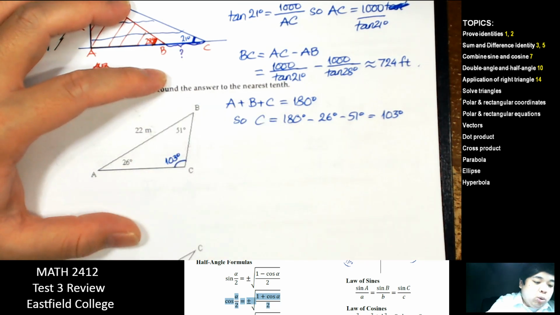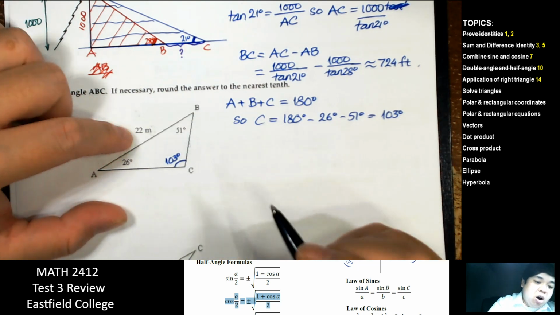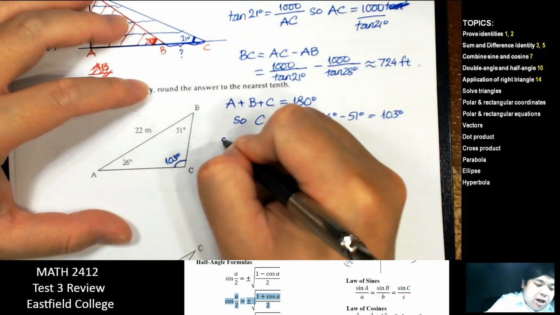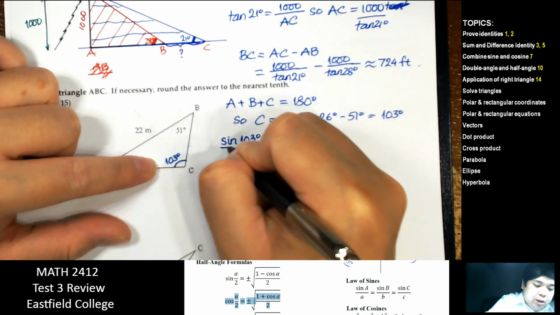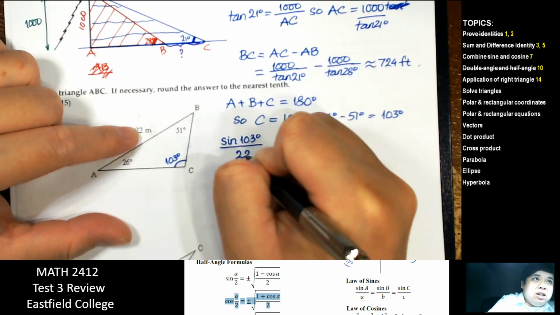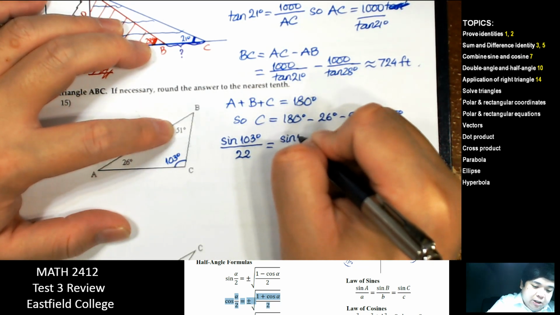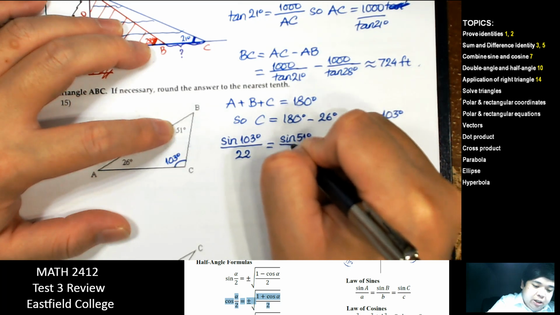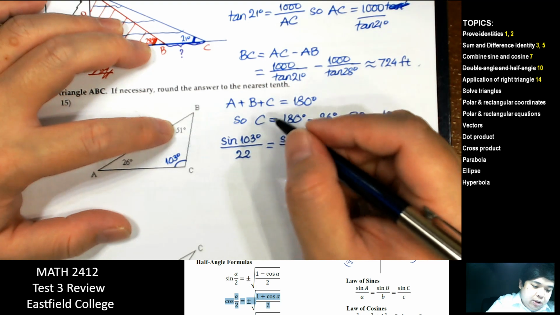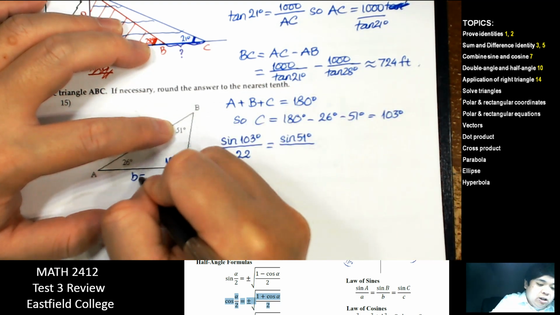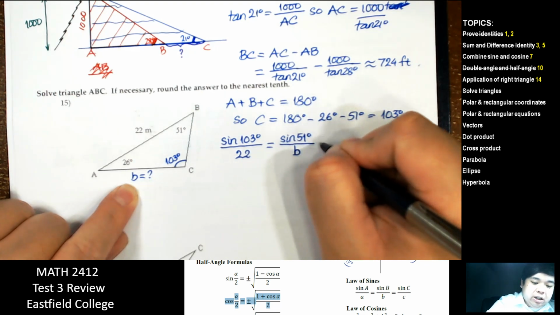Right. What we have next is a pair of opposite side and angle. So that is the law of sines. So we write sine of A, which is 103, over 22. We know that. Over sine of 51 degrees, and we do not know this side, which is opposite to angle B, so little b.